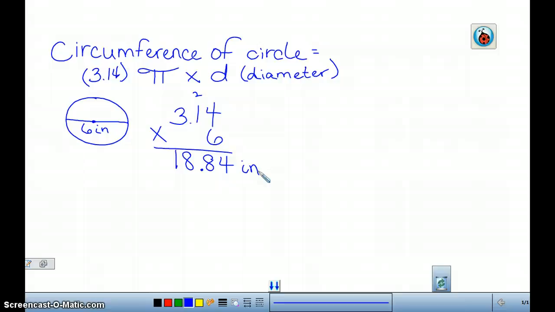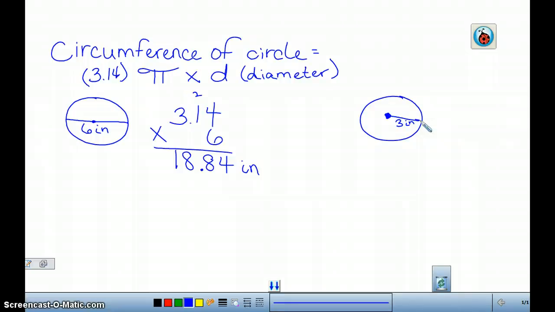Now, sometimes it will show you a circle with a radius. This radius is half of a diameter. So, think about it. If it's half of the diameter, you need to know what the diameter is to find the circumference.